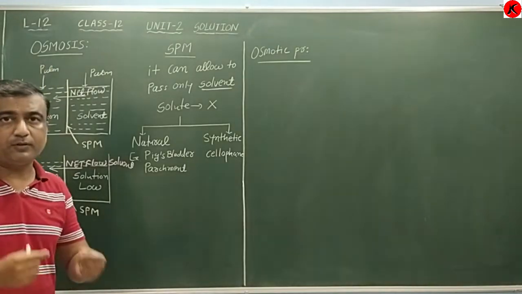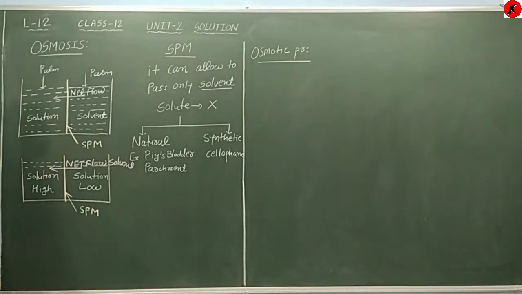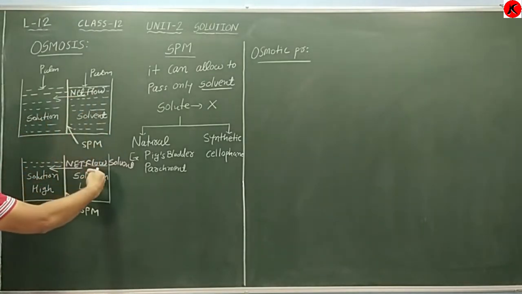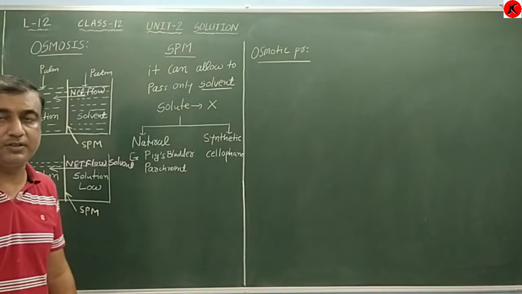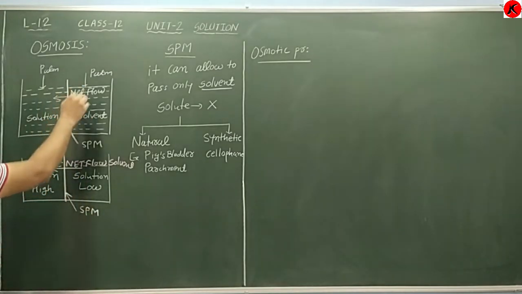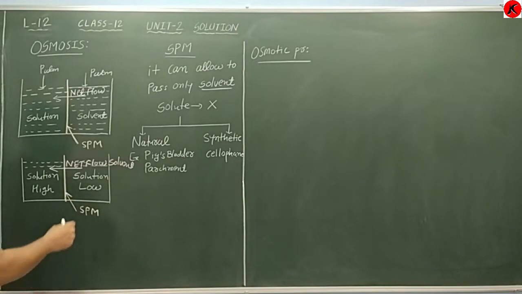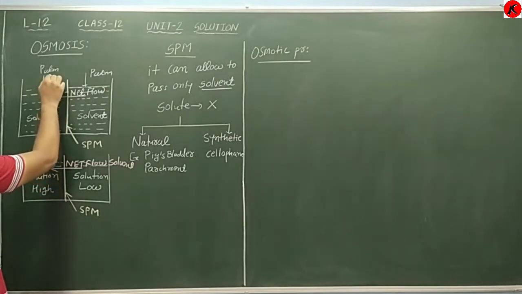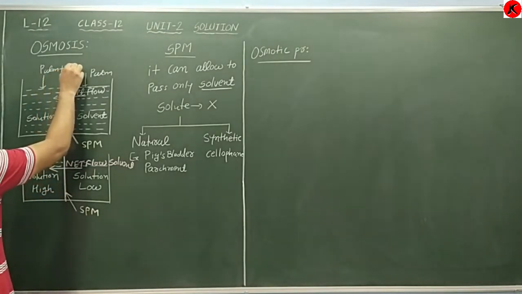Now if we want to stop the spontaneous flow of solvent molecules, from solvent to solution, or from lower concentration to higher concentration, then we have to apply pressure on the opposite side. That means some extra pressure is required. We can say pi.